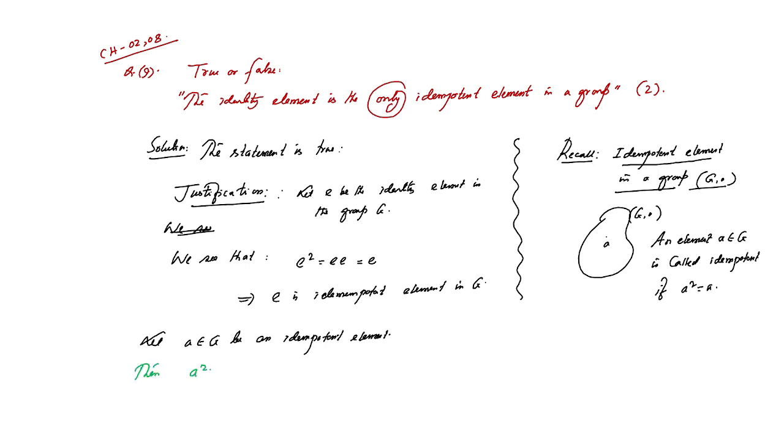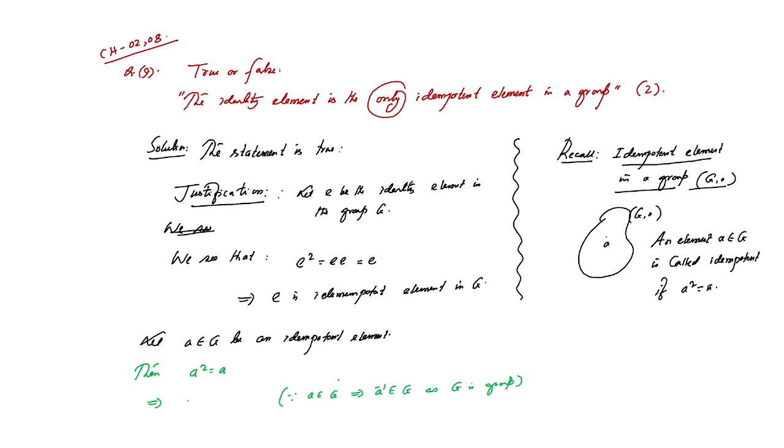So I take A belonging to G as an idempotent element. Then we can write A square equals A. Okay. Now since A belongs to G and G is a group, that implies A inverse belongs to G, as group means every element must have an inverse.